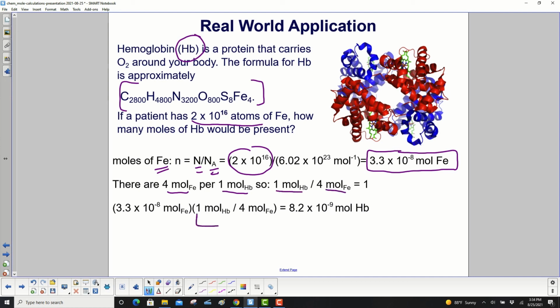So we're allowed to multiply the moles of iron by this unit conversion factor. So we have 3.3 times 10 to the minus 8th moles of iron times 1 mole of hemoglobin divided by 4 moles of iron. This cancels out, and we're left with 8.2 times 10 to the minus 9th moles of hemoglobin.